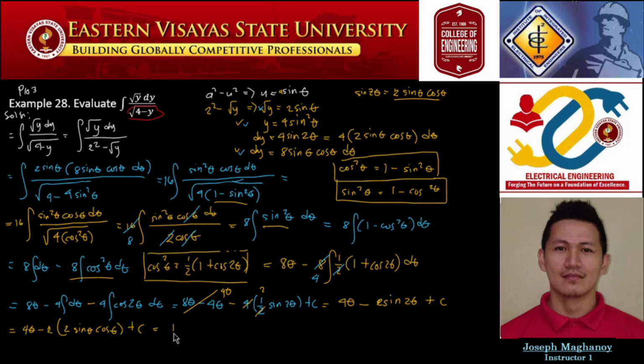So your answer is 4 theta minus 4 sine theta cosine theta plus c. Okay, we need to determine our theta. Let's move to the next slide so we can determine our theta.